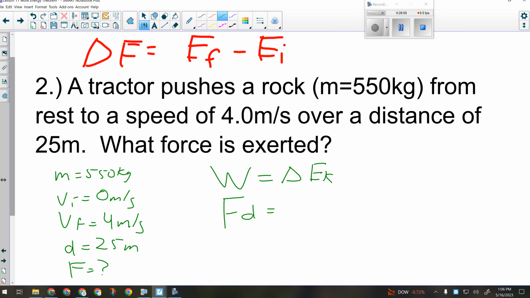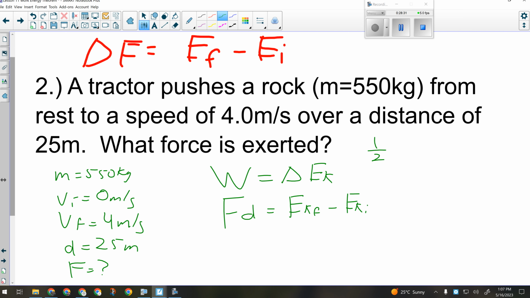And change in anything is final minus initial. So that's going to be my final kinetic energy minus my initial kinetic energy. If I look at this question, it tells me that initially the rock isn't moving. So how much initial kinetic energy can it have? 0. It's not moving. It doesn't have anything.